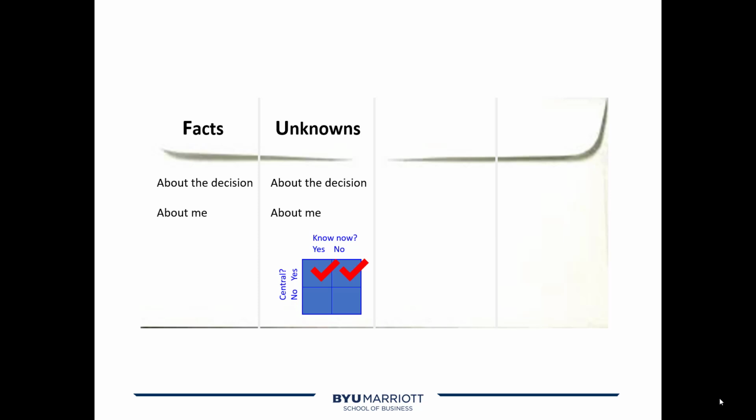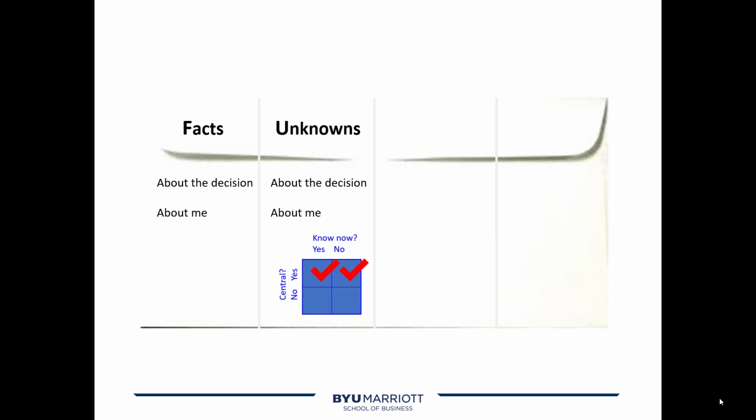So the final step of going through the unknown column is to go through and cross out every unknown that doesn't fit either quadrant 1 or quadrant 2. That should cull your list significantly and substantially, because you can think of all sorts of things that you don't really know that might be interesting or might be useful, but are certainly tangential and not central to your decision.